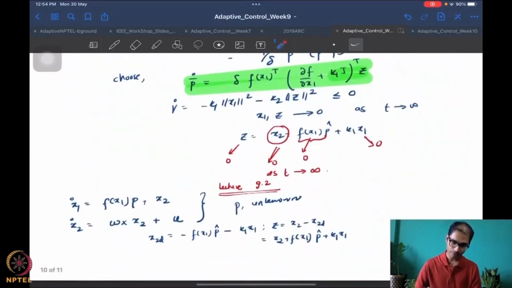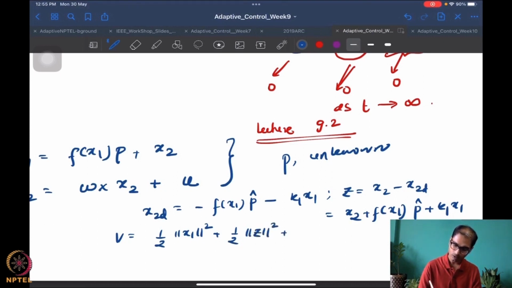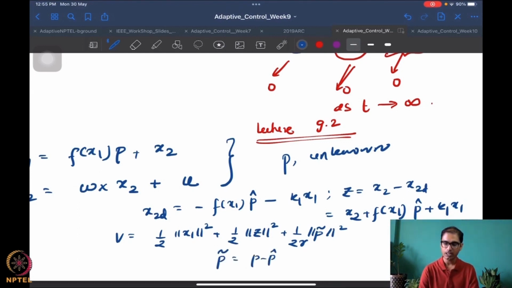But in a rather simpler way, I would say, I declare my V as 1/2 norm x1 squared plus 1/2 norm z squared plus 1/2 gamma norm p tilde squared, where p tilde is p minus p cap, right? So I never introduced a second estimate. I did not design a V1, the first stage Lyapunov candidate. I did not already define a p hat dot. All of that will be done using this candidate Lyapunov function.